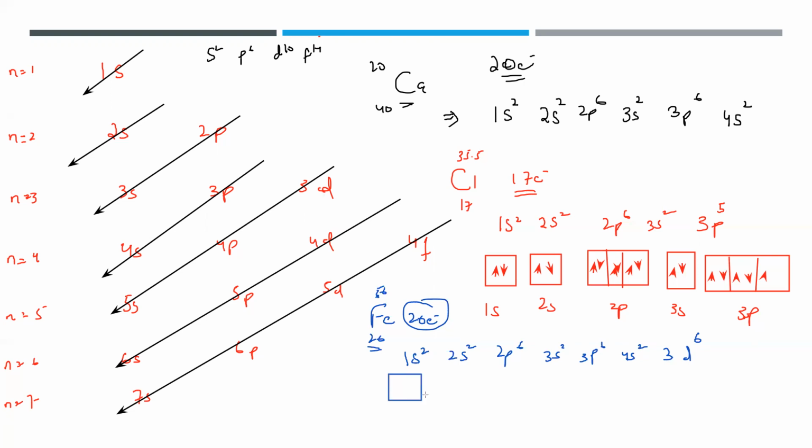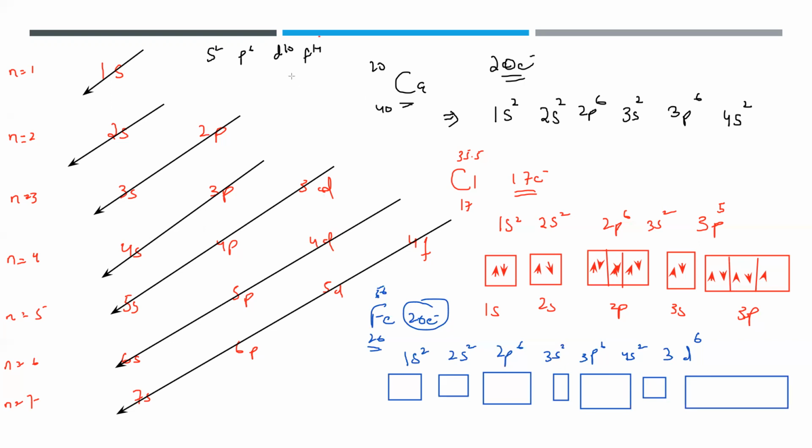To represent electrons in boxes, S will have a single box, P will have 3 boxes, again S a single box, P 3 boxes, and D will have 5 boxes. When we arrange the electrons, this has 2 electrons, 1, 2.